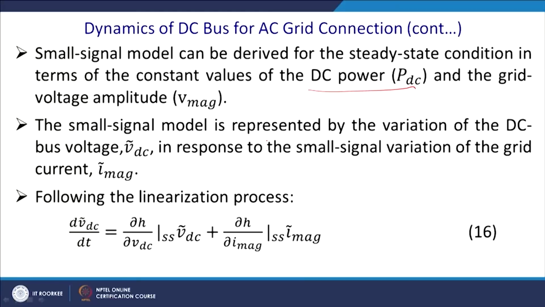The small signal model is represented by the variation of the DC bus voltage, that is V delta, in response to the small signal variations of the grid current I_MAG, and thus we can apply the following linearization process, and thus dV_DC/dt equals this H, please refer to the previous slide, H of V_DC at the steady state value plus H of I_MAG at steady state.